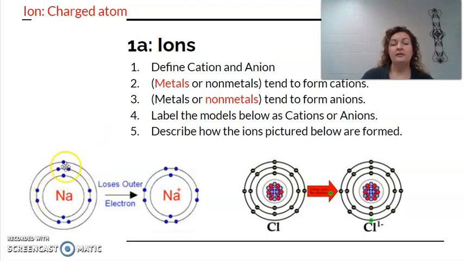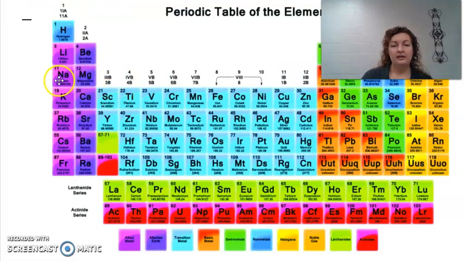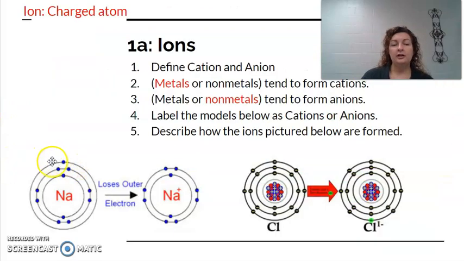Ions. So we have sodium. Sodium is Na, and sodium is right here in column 1. This is our group 1, right? So therefore it has 1 valence electron. So if you look at our Bohr model, they went ahead and they drew it, and it does indeed have 1 valence electron here.